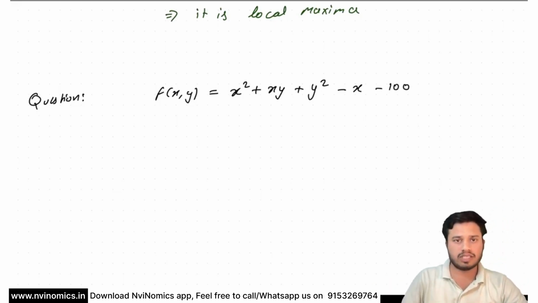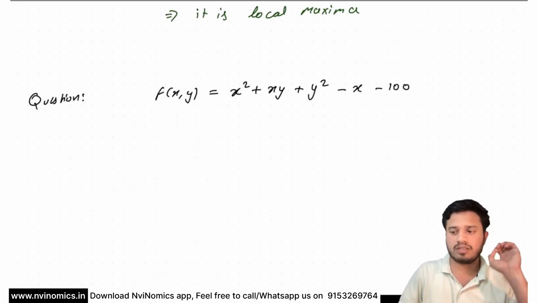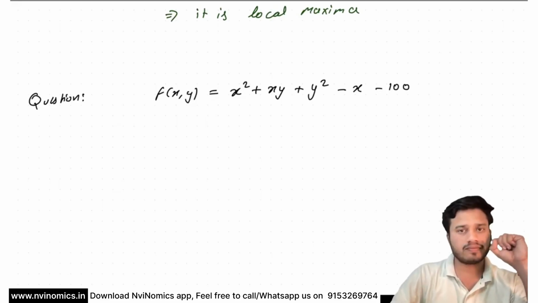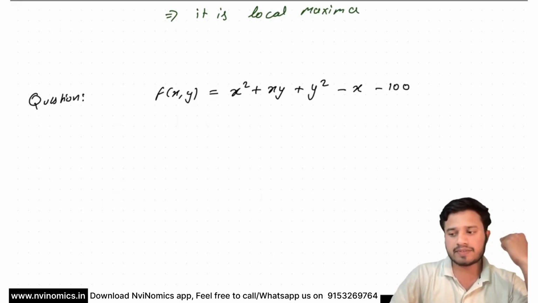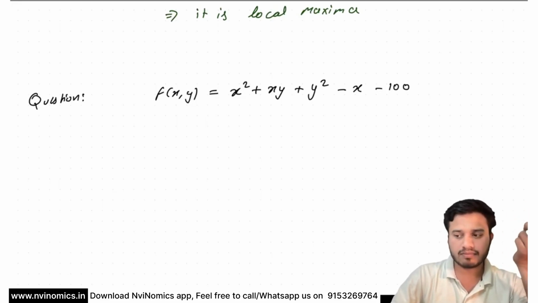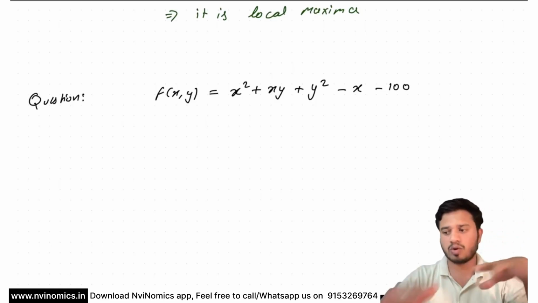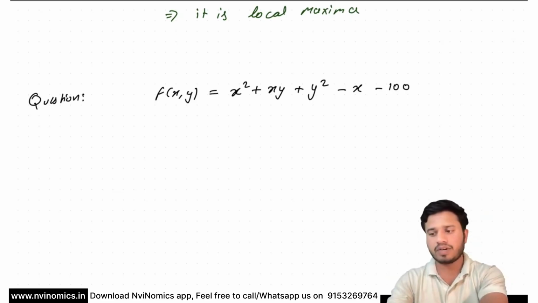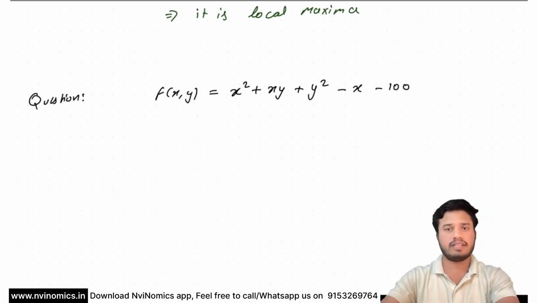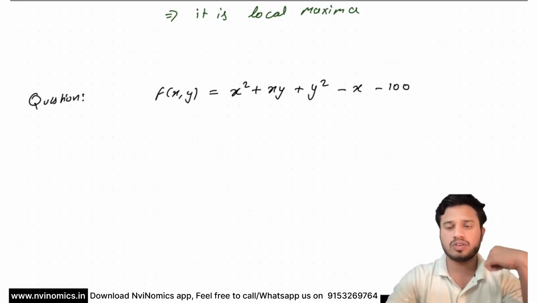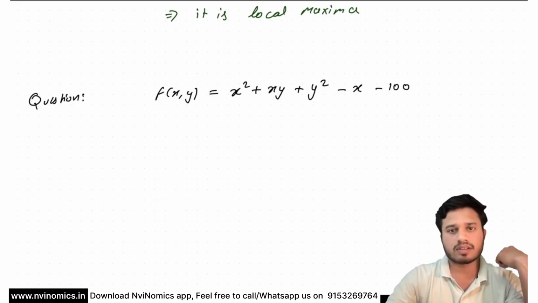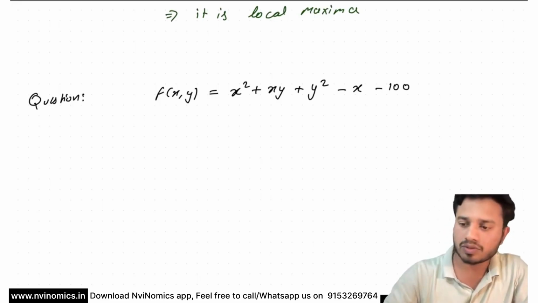So we are given just this two variable equation. It lives in a 3D space. It may look like a mountain or something, and we have to find if there is a local maxima point or a local minima point.